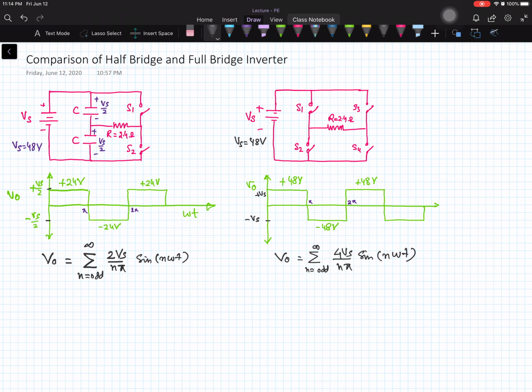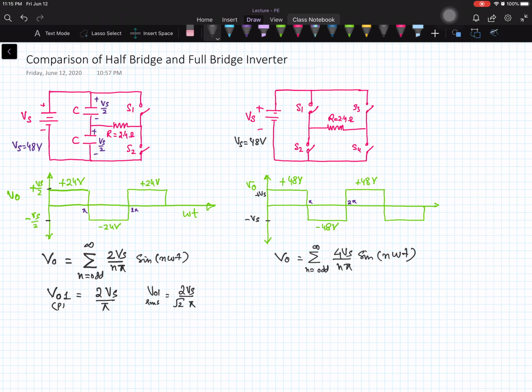Okay, now from these expressions we can calculate the fundamental component V01, representing the fundamental component of the output voltage, that will be equal to 2 Vs by pi. That's the peak value of the fundamental component. And if we calculate the RMS value of the fundamental component, that will be equal to 2 Vs by under root 2 pi.